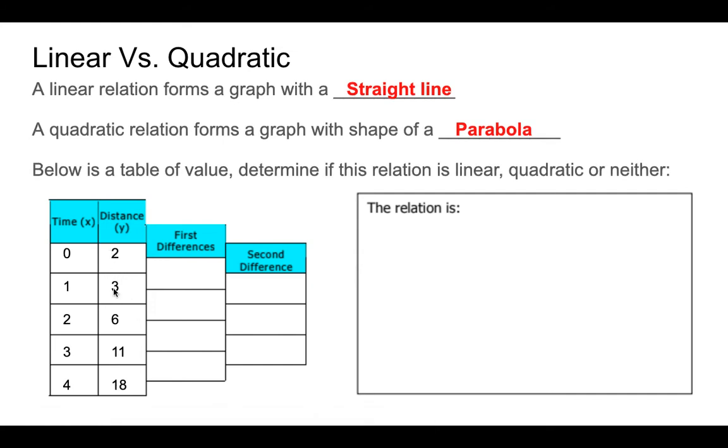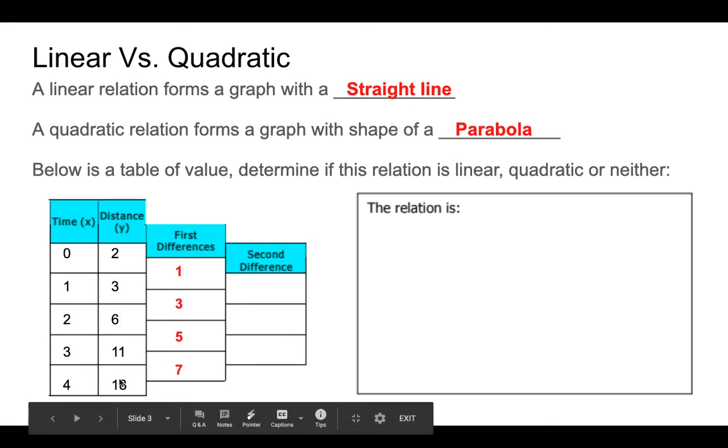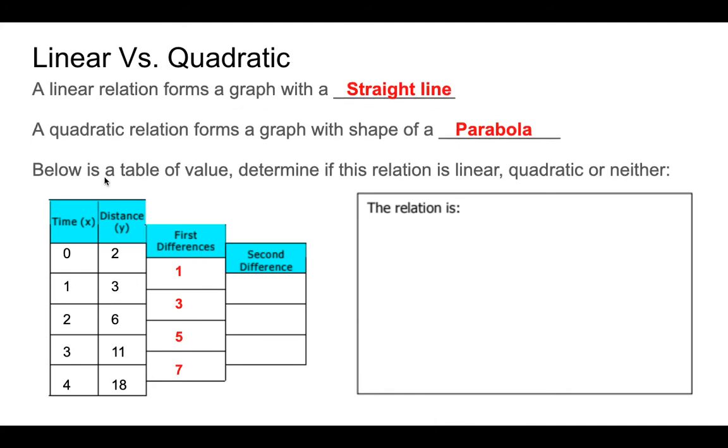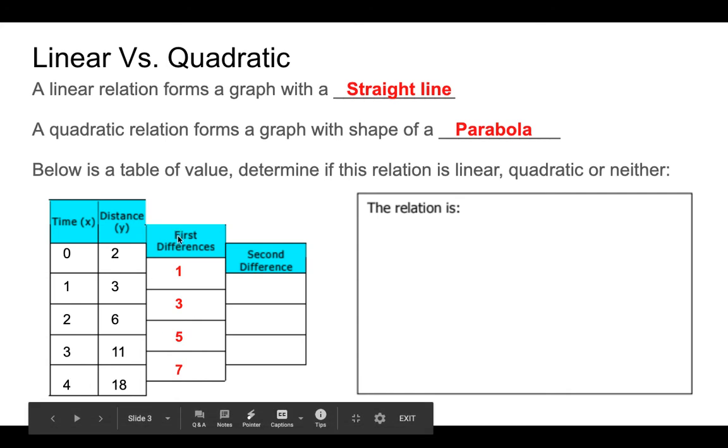So 3 minus 2 is 1, 6 minus 3 is 3, 11 minus 6 is 5, and 18 minus 11 is 7. Now, if this was a linear relation, it would be graphing a straight line, so first differences would be the same. So first differences aren't the same, so it's not linear.